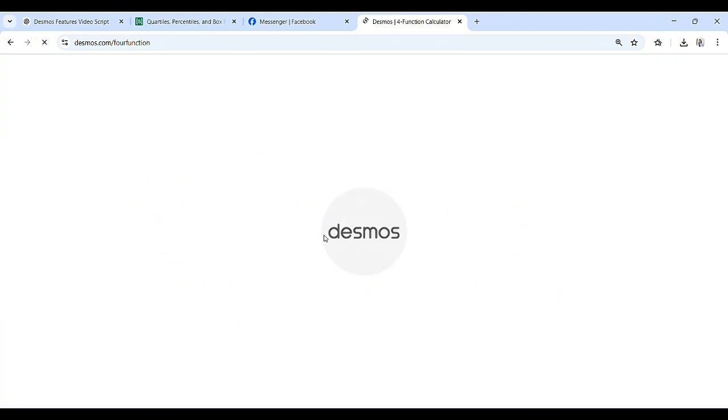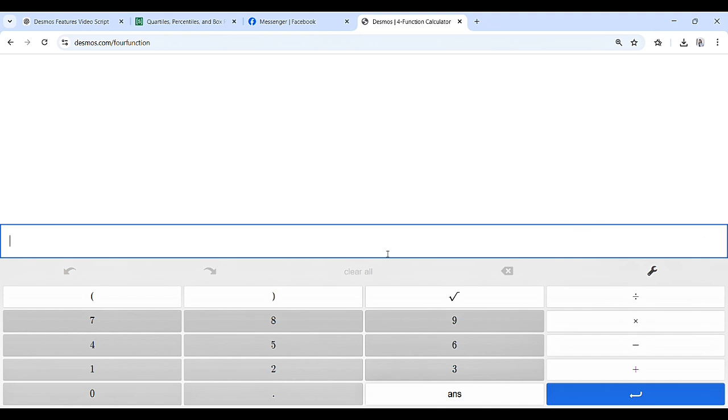Just click the four-function calculator and then you can see this one.